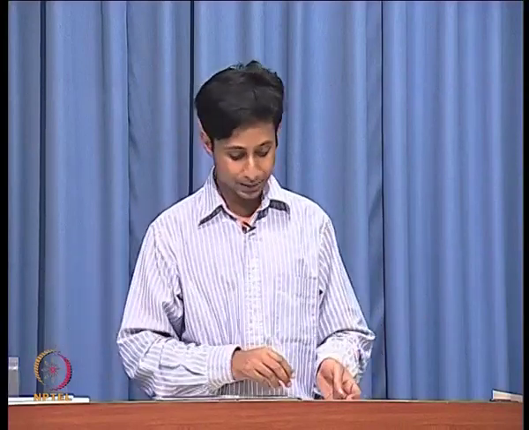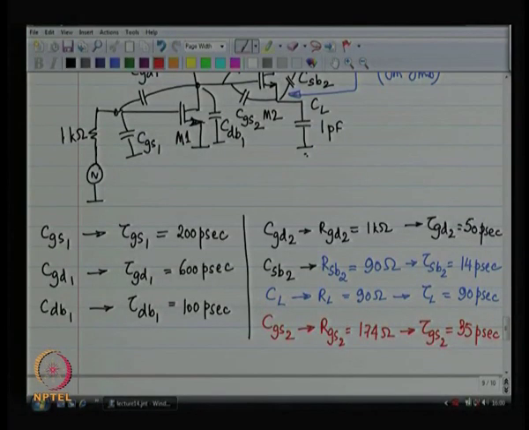Instead, now I have got 4 different capacitors, 50, 14, 90 and 35. I have obviously done better. My total tau now is 900 picoseconds from earlier, plus 189 picoseconds. So, I have got 1089 picoseconds.